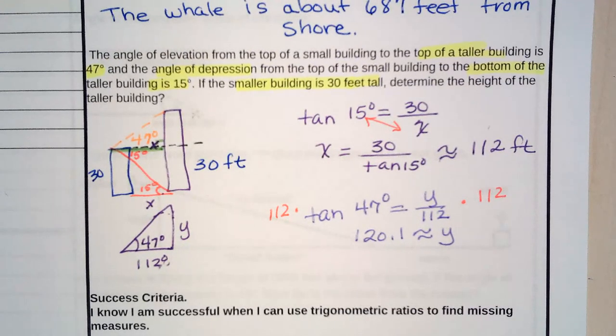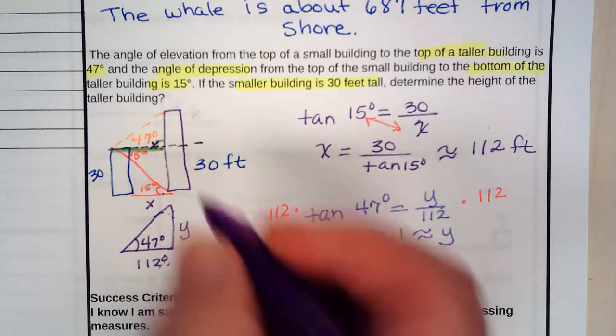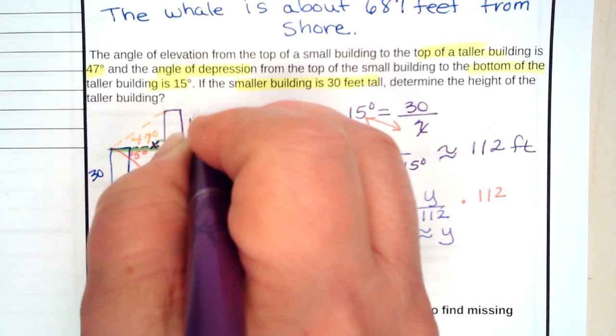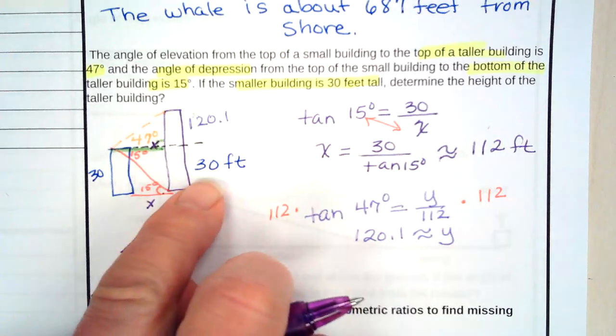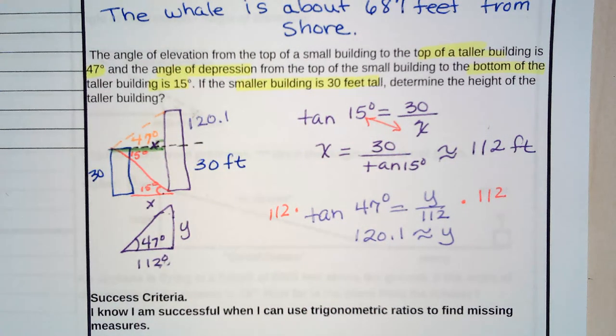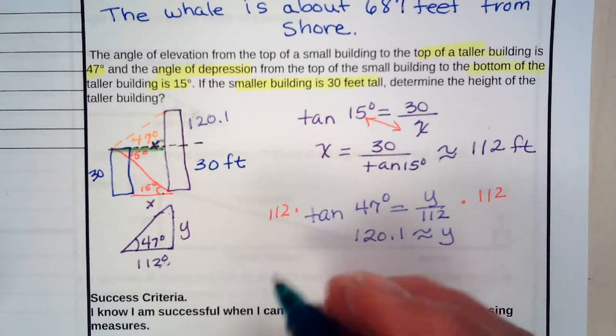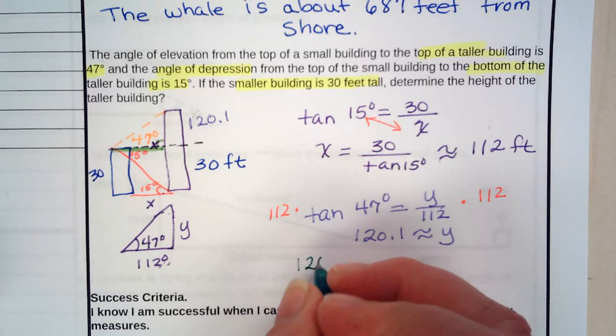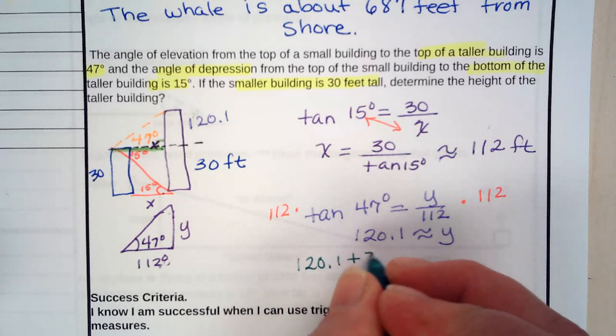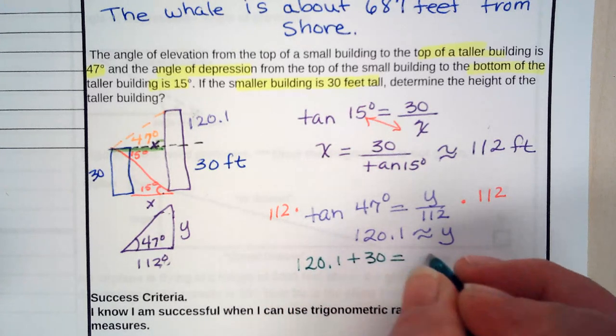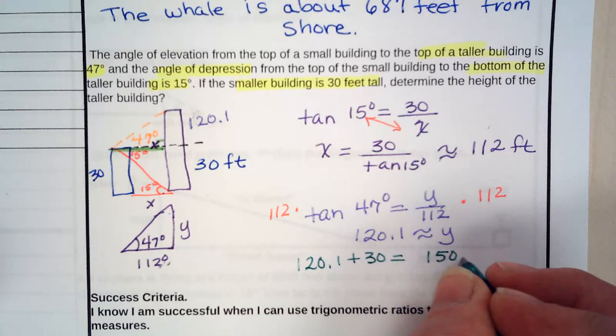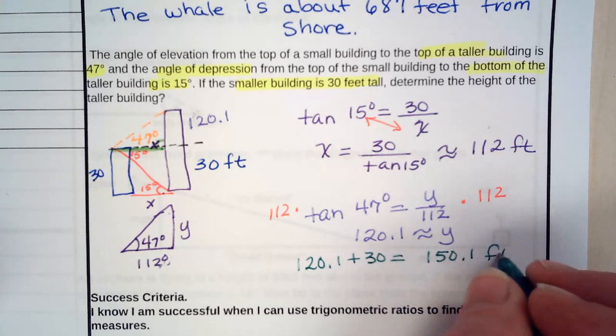Now I'm ready to solve. This piece here is 120.1. This is 30. What is my total height? 120.1 plus 30 is equal to 150.1 feet.